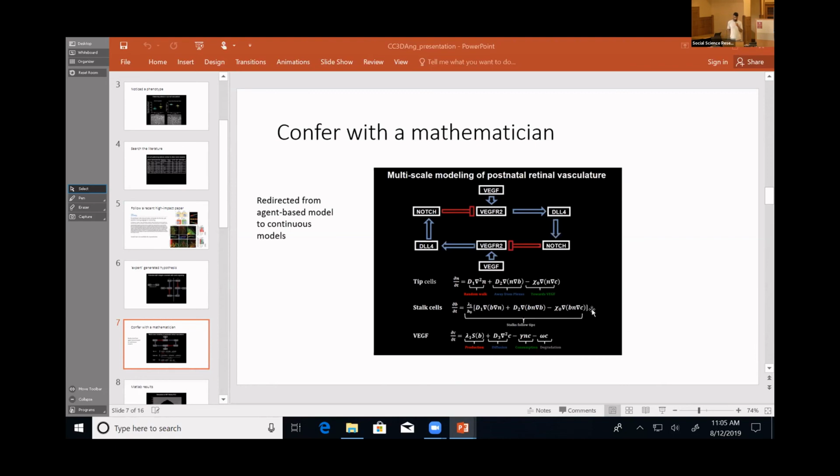We were redirected away from agent-based models to a continuous model system in MATLAB. We adapted some work from Collier, and it's been several years now, so I don't remember all of the authors that we borrowed from, but we had a PDE model for the calculation of the amount of VEGF, and then based on that, tip cell and stalk cell percentages.